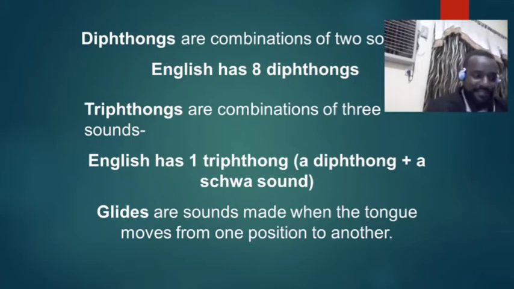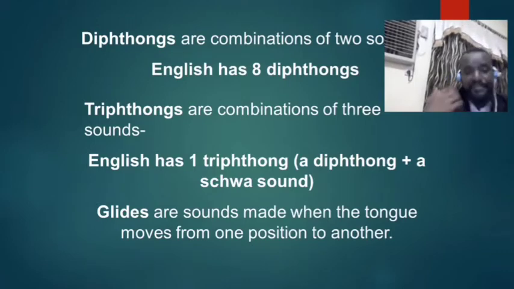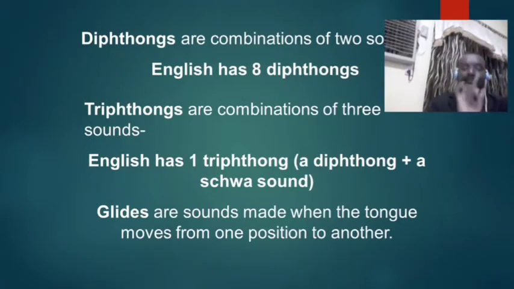So, for example, the sound made when the tongue moves from one position to another is called glides. So, diphthongs are a combination of two sounds, and English has eight diphthongs. Triphthongs are a combination of three sounds, and English has only one triphthong. It is the diphthong plus schwa actually, and the last one is called glides, sounds made when the tongue moves from one position to another.